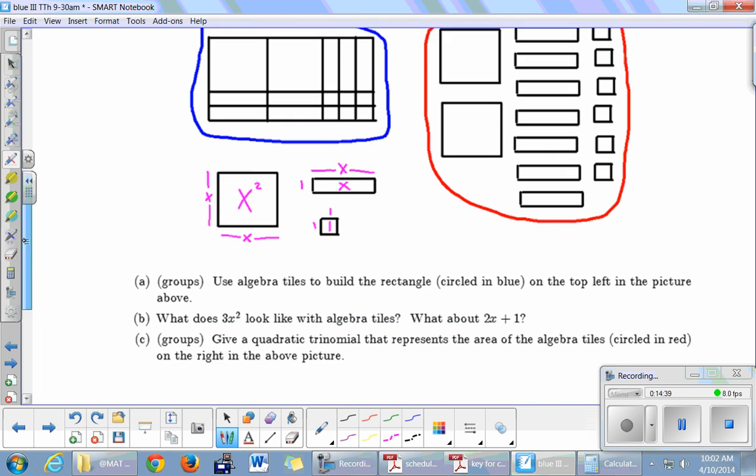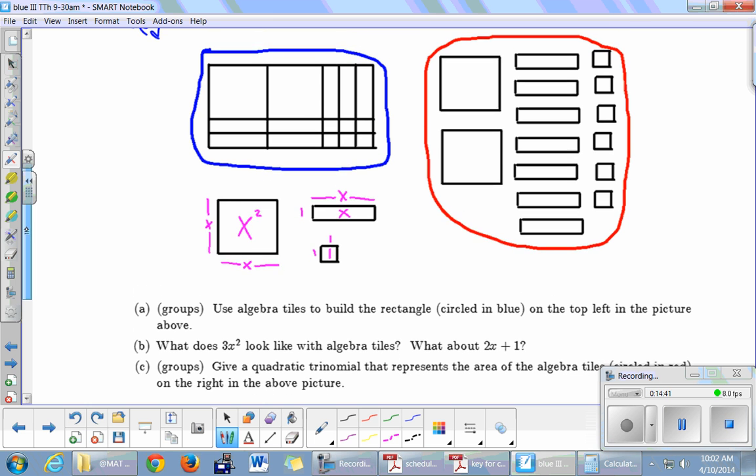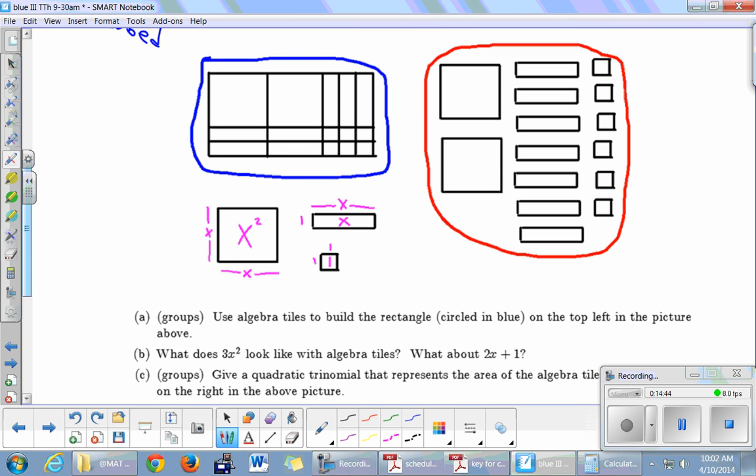I've got some pictures here, and we're first going to start in part A. I'm going to remind you of the only algebra blocks that we need for this one. I'm going to hold them up, but see if you can pull out of your bins a whole bunch of these yellow squares, not the big cubes, just the square things.